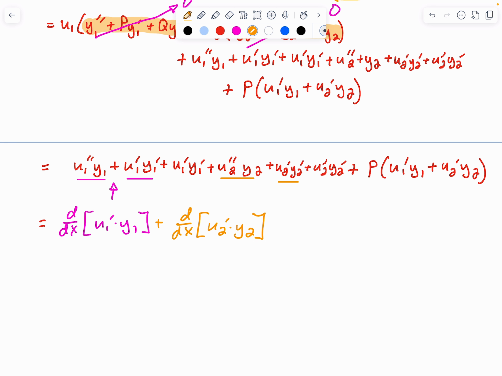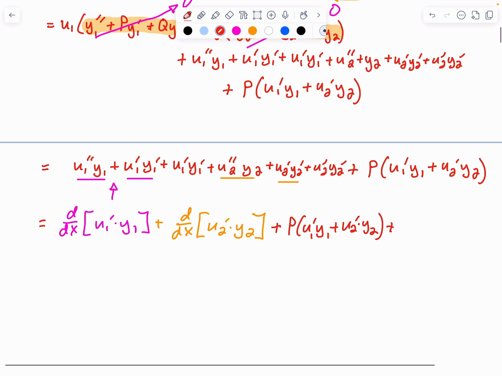And then we write the rest here. Okay, I'm going to get a plus P, I'll put the P's first, U1 prime times Y1 plus U2 prime times Y2. And then at the very end, I'm going to have U1 prime Y1 prime plus U2 prime Y2 prime.